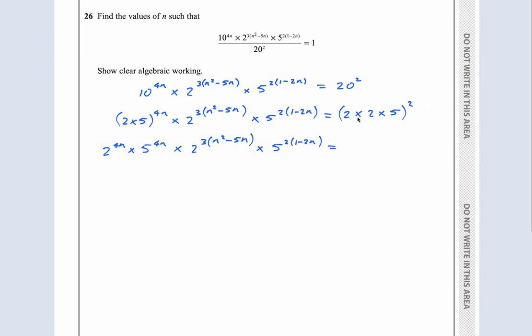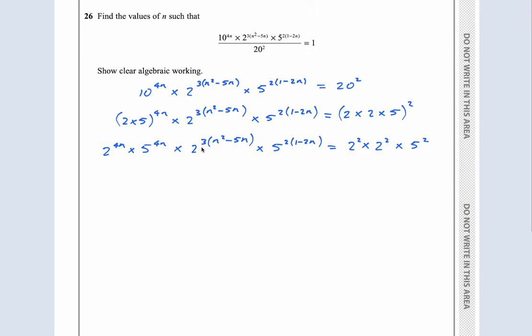And this is equal to 2 squared times 2 squared times 5 squared. Okay, now what's happening here, guys, is I can now join my 2's together.